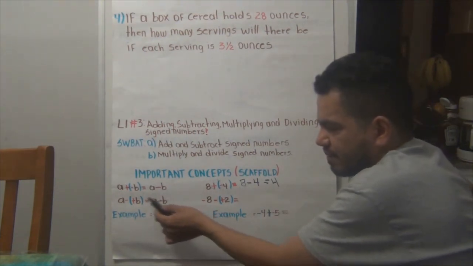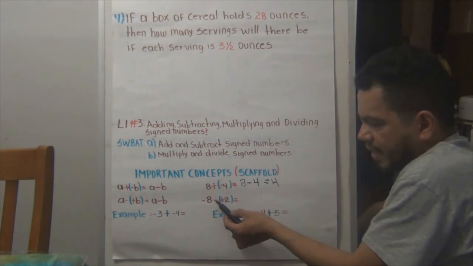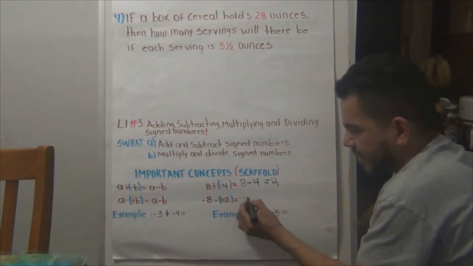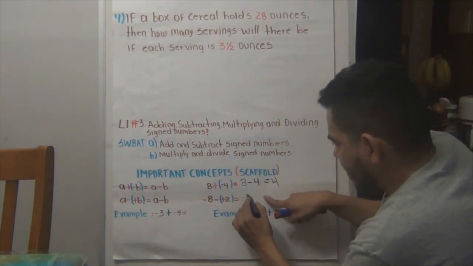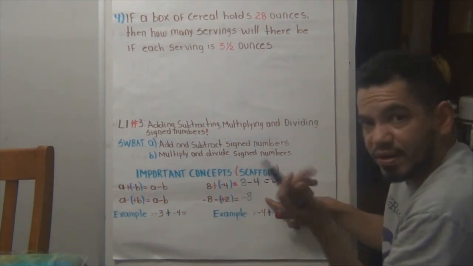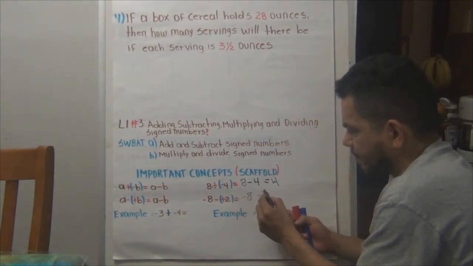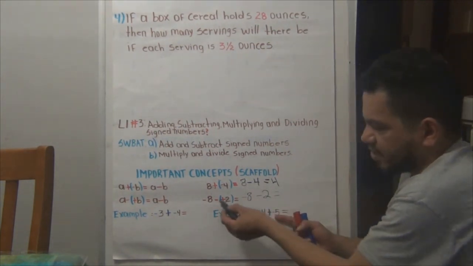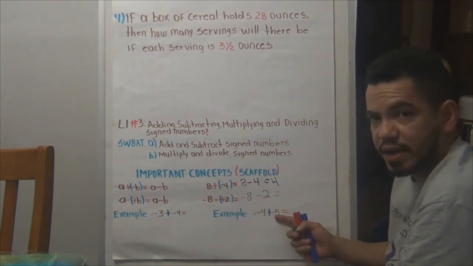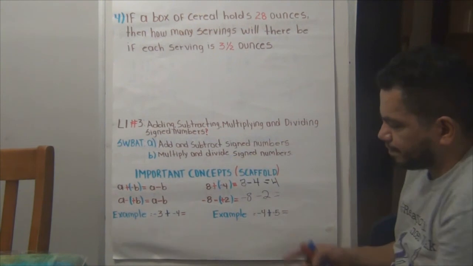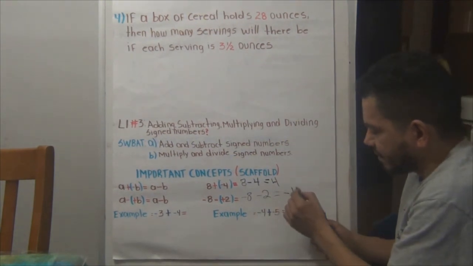Negative times positive is negative, so this is the same thing as having negative 8 minus 2, because these two signs turn into a negative when you multiply them. So negative 8 minus 2 is negative 10.